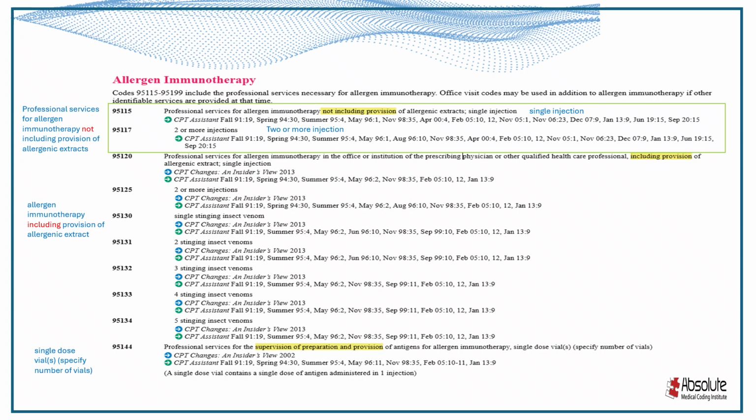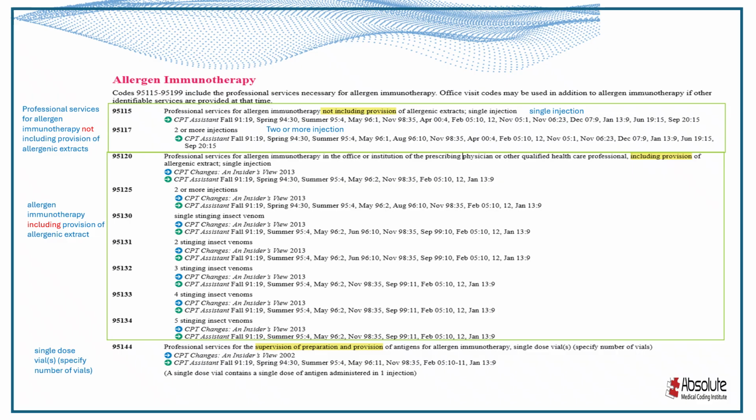Okay, and code series 95120 through 95134 are for the professional services for allergen immunotherapy in the office or institution of the prescribing physician or other qualified healthcare professional, including the provision of allergenic extract.